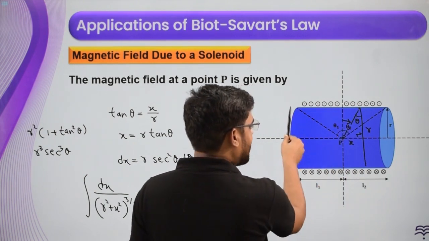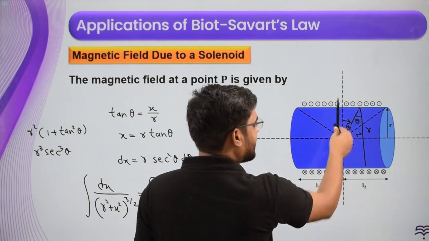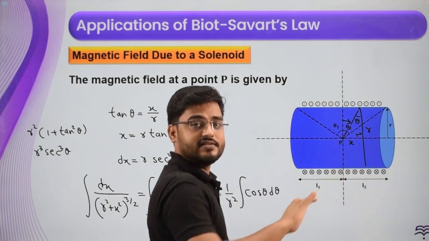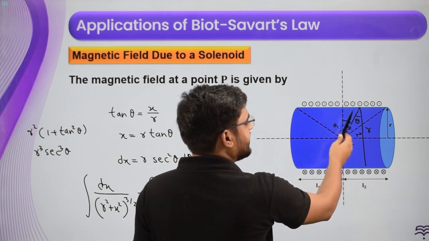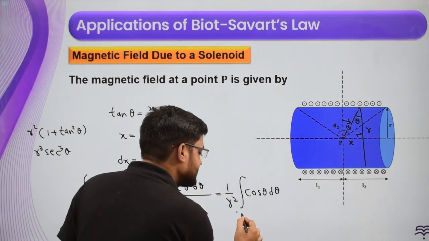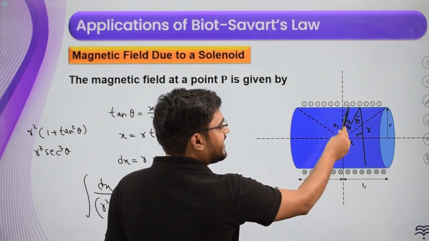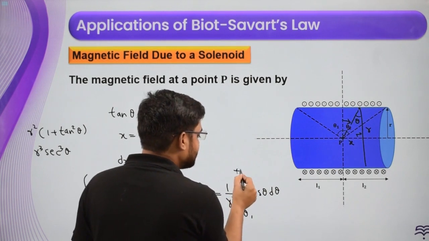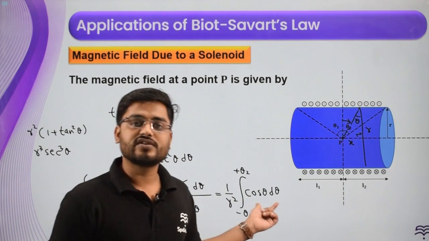The direction matters. If we are going the opposite way, then it is minus theta 1. So it is changing from minus theta 1 all the way up to 0 and then plus theta 2. And the integration of cos theta is sin theta.